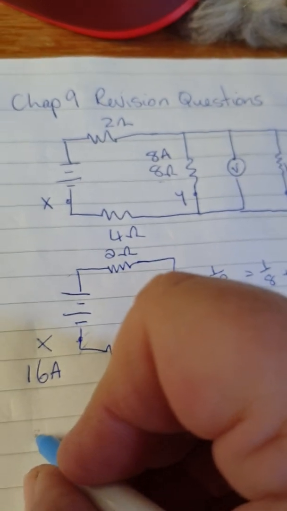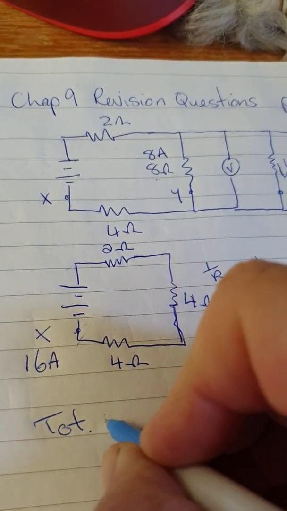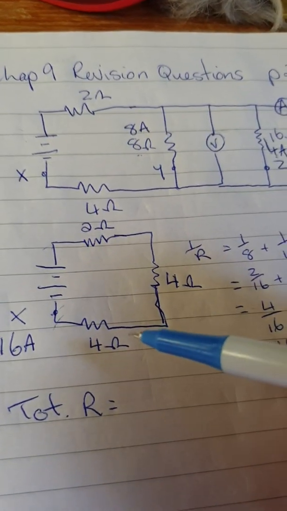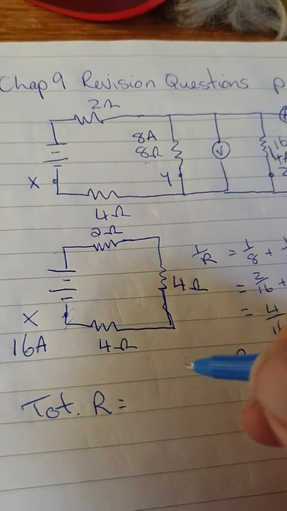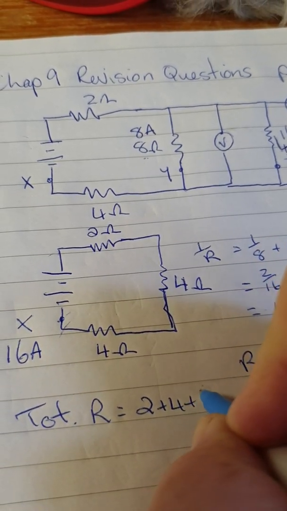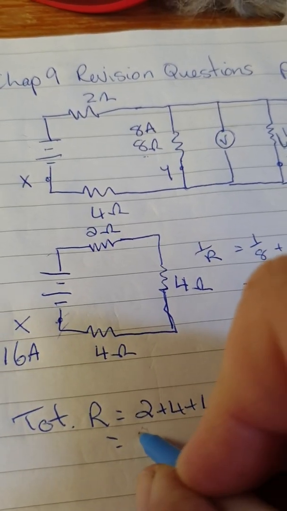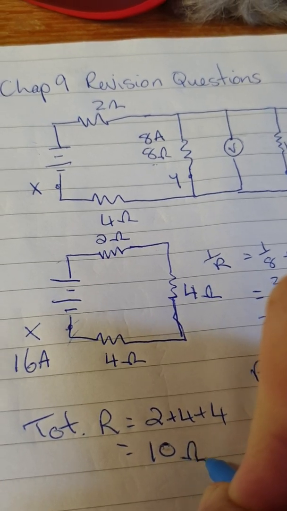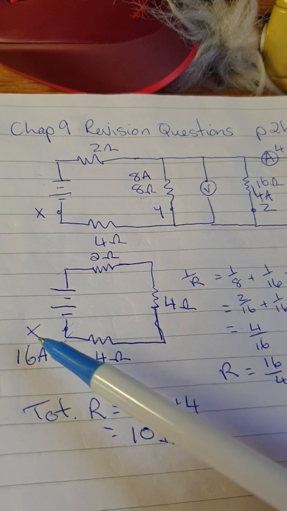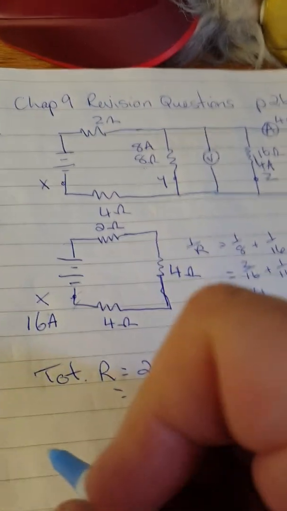So that means my total resistance is just going to be 2 plus 4 plus 4, 10 ohms. And the total current we worked out before was 16.